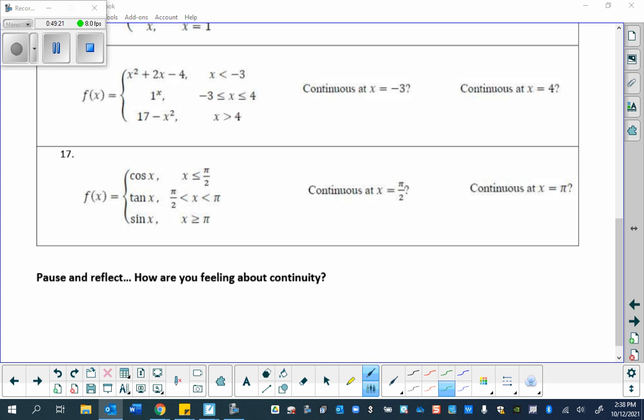Yeah, that's what I had. So if k is equal to negative 17, then this function will meet up.